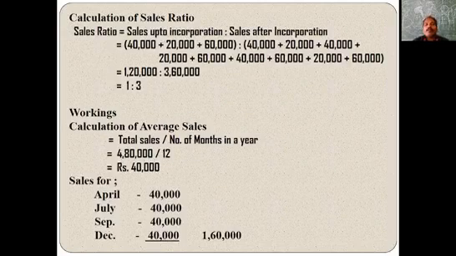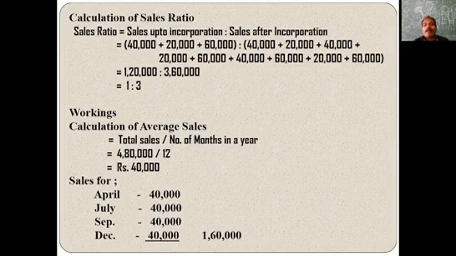So move to the first slide. April sales 40,000, May sales 20,000, June sales 60,000, July 40,000, August 20,000, September 40,000, October 20,000, November 60,000, December 40,000, January 60,000, February 20,000 and March 60,000.